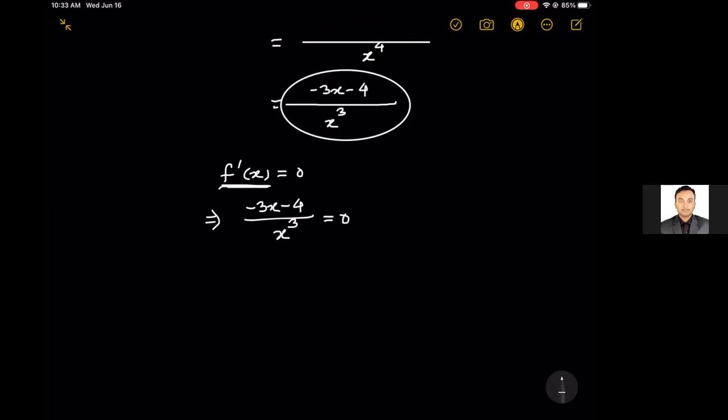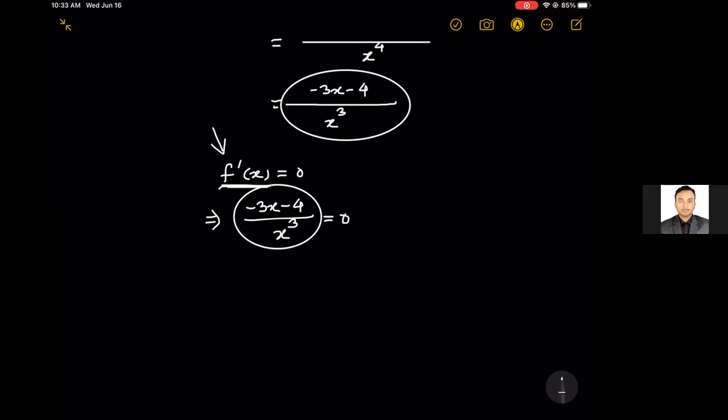So in other words, if your denominator is 0, then your first derivative does not exist. Do you agree? For those values which make the denominator 0 for this fraction, our first derivative will not exist.